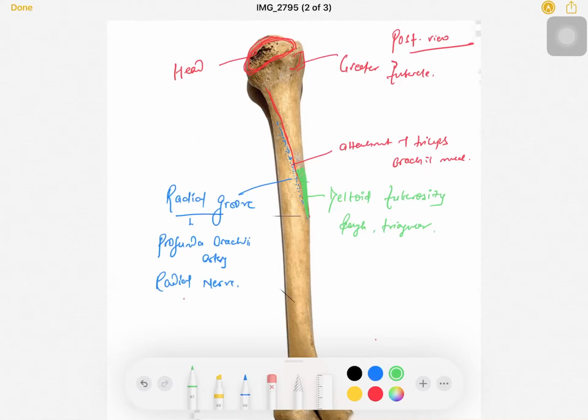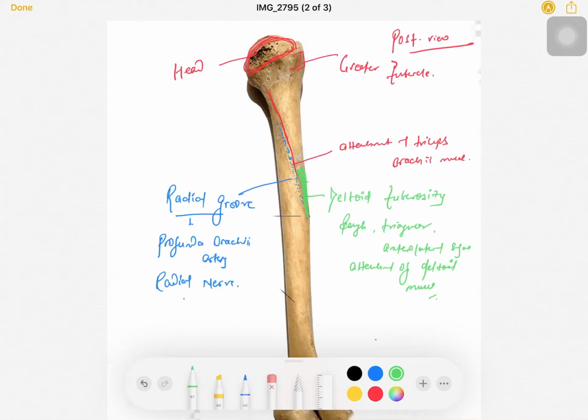As you can see from the name, it's the deltoid tuberosity, so it is for the attachment of the deltoid muscles. So this one is your posterior view of your humerus bone.